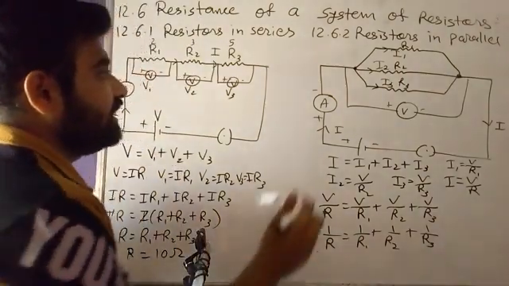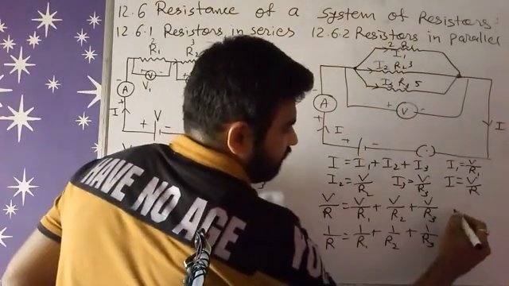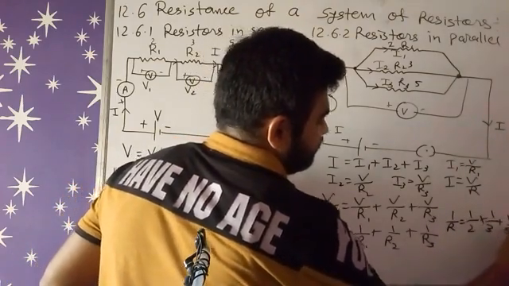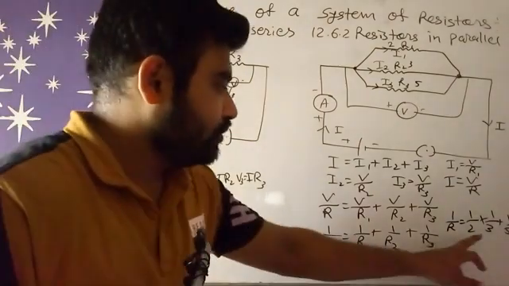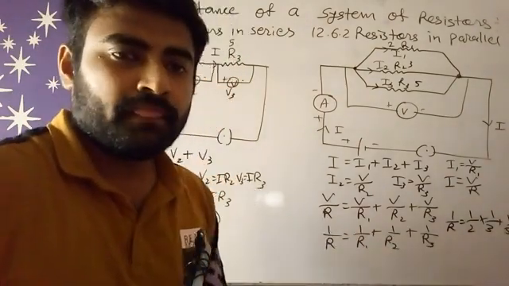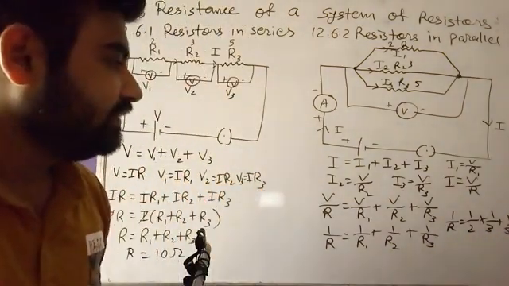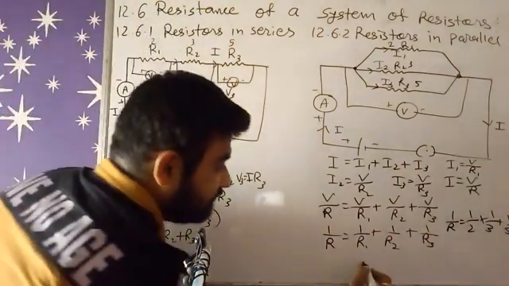If for example again the values are 2, 3 and 5, what we need to do is 1 upon R equal to 1 upon 2 plus 1 upon 3 plus 1 upon 5, right? The LCM of 2, 3, 5: 2 into 3 is 6, 6 into 5 is 30. So the LCM will be 30.